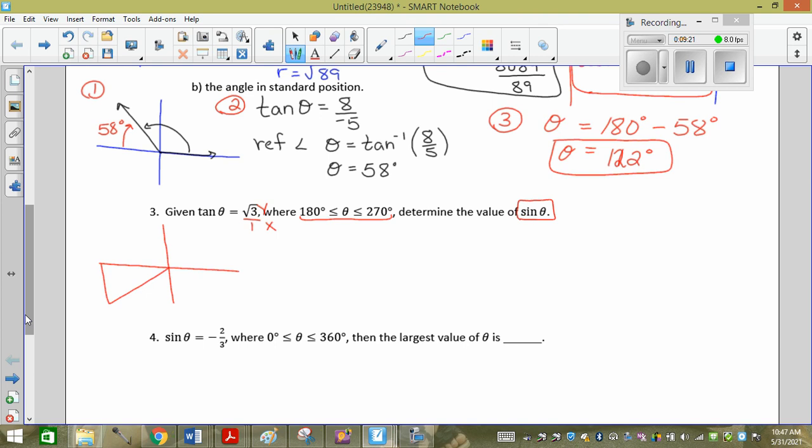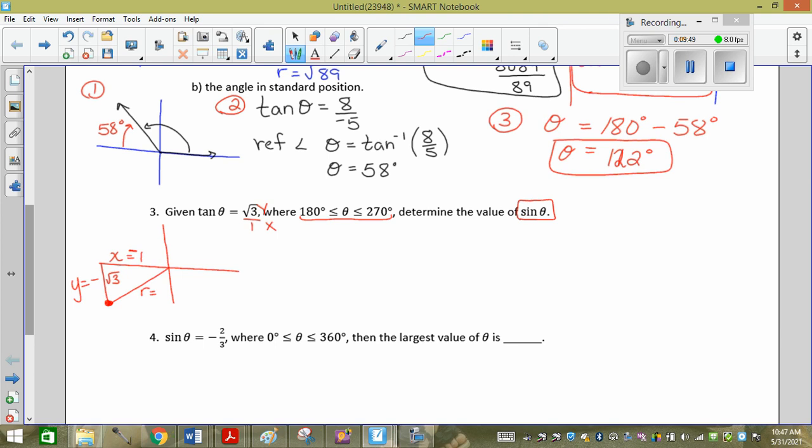You have to watch yourself. So this is actually y equals negative square root 3, and x equals negative 1, because technically we have a coordinate at negative 1 and negative root 3. So when you're in that quadrant, you have to watch that your x and y are both negative.